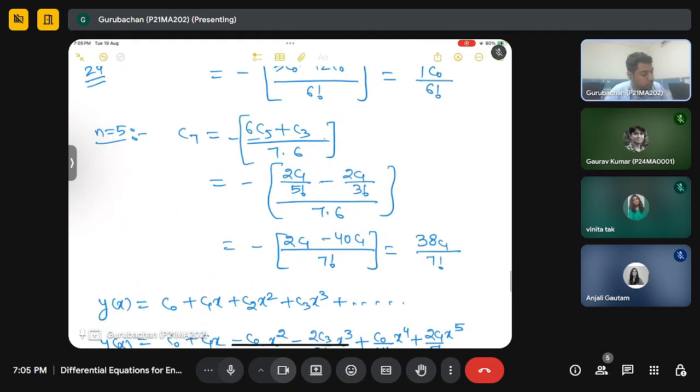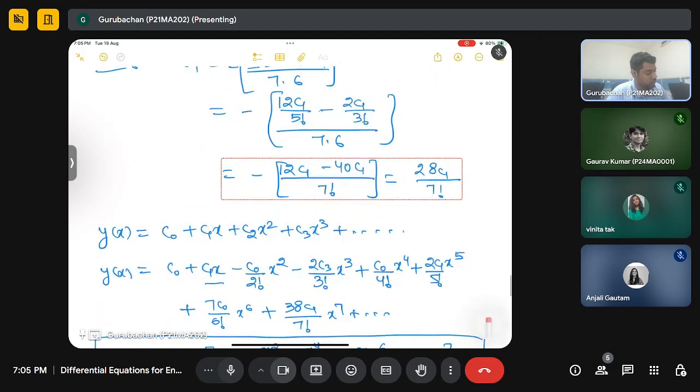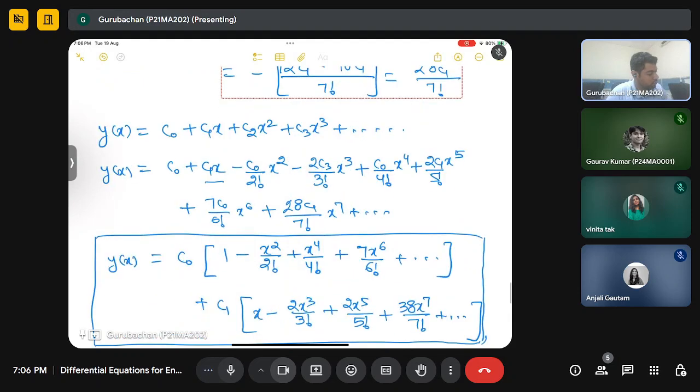So it will become 12 times C1 divided by 5 factorial, and it will be minus 2 times C1 divided by 3 factorial, and this will give you 28.